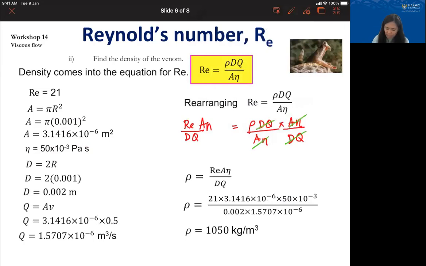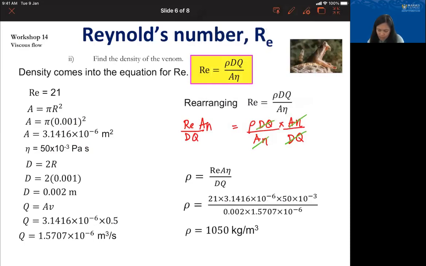That's the flipped rearranged version. The quick answer is no, you cannot do rho equal to DQ times Reynolds number times A times eta, because then it will be a different equation.